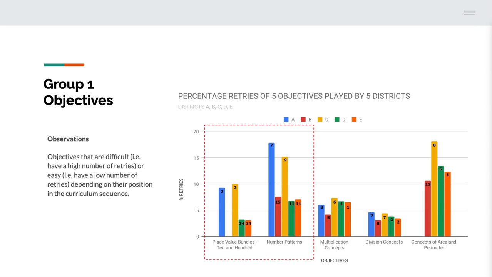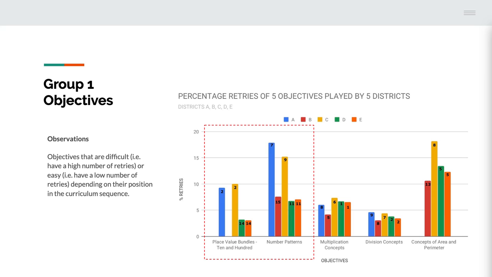From the plot, we can see that 2 objectives, namely place value bundles, tens, and hundreds, and number patterns, fall into the first group because their percentage retries dropped when played later in the sequence. Let's closely examine the first objective, place value bundles, tens, and hundreds. When played earlier as the second objective by students in District A, it recorded about 9% retries.